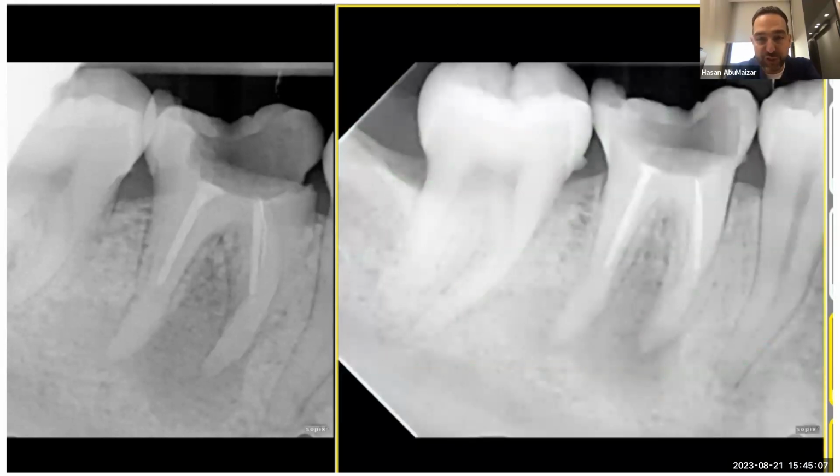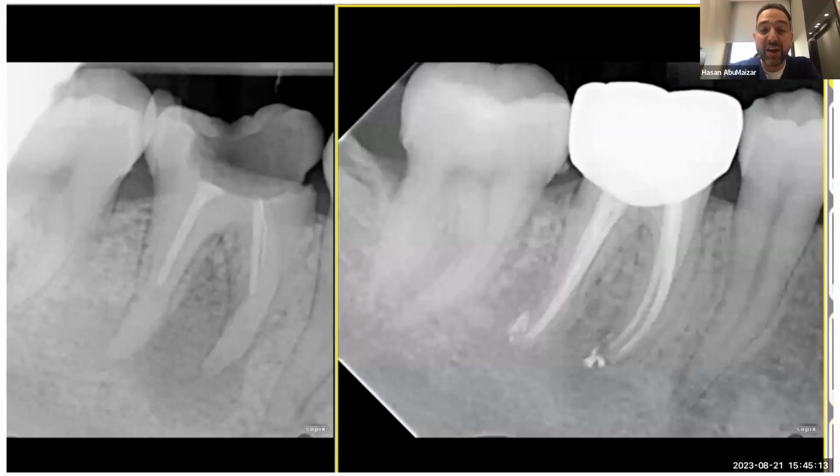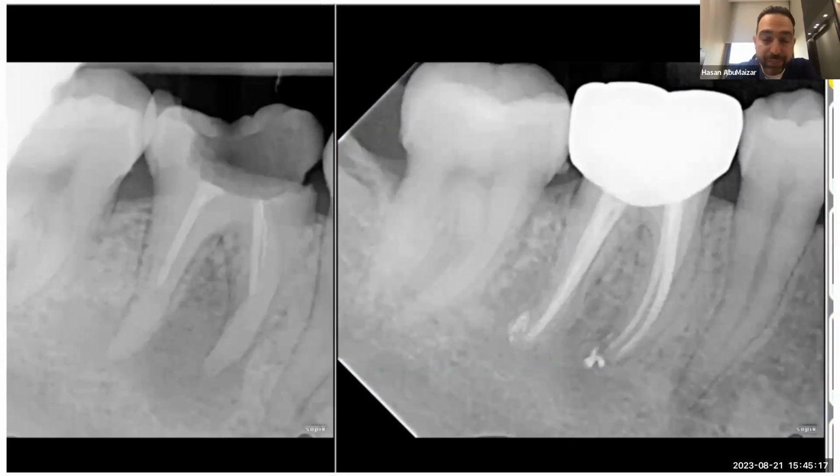This will give me an estimate of how long this root should be. So as an example, if I measured it as 20 millimeters, and the apex locator is giving me a reading of 14 millimeters, I know that there's something wrong. I'm not around the proper length. And if I measured again around 20 millimeters, and I reached 23 or 24 millimeters, and the apex locator is not giving me any reading, then there may be a false negative reading.